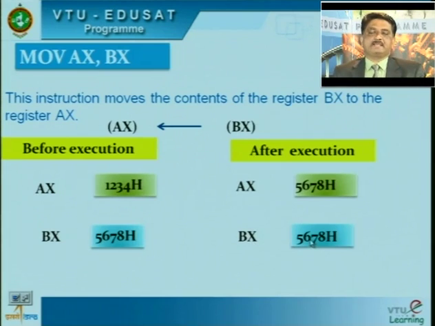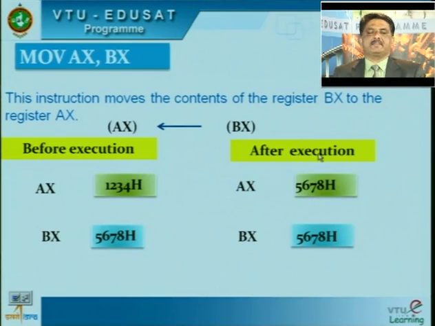If you carefully observe, a copy of the data from the source is sent to the destination. BX had 5678H, and a copy of the data present in the source operand is copied to the destination operand. In this case, the destination operand is AX.